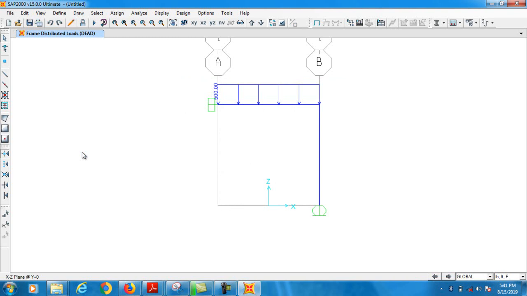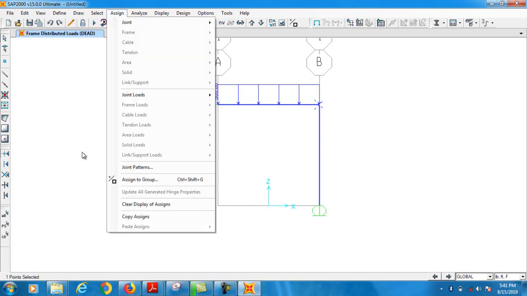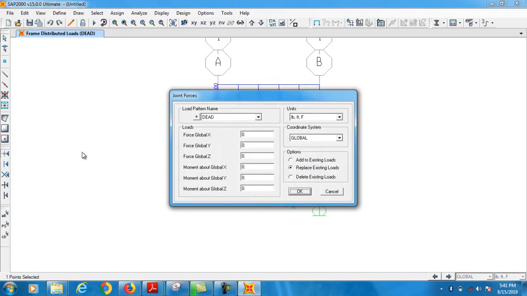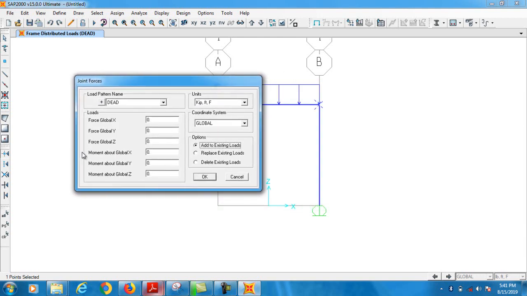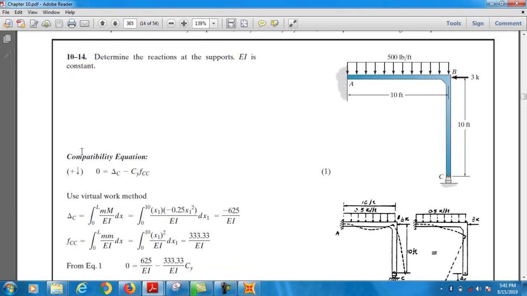And we need to apply a joint reaction. Select the joint, assign, joint load, force. This is in kip. The force is basically in kip. Global axis, add to existing, and you know this load is basically in the direction of x.